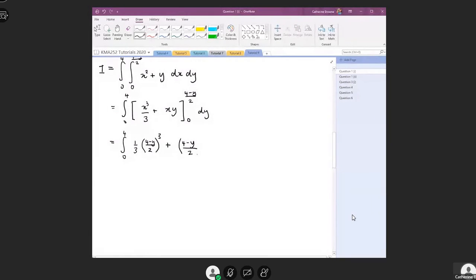Now, again, the easiest way to do this is to expand and simplify. I'm not going to go through the expansion, but I expanded it, I simplified it, and I found that I got 1 on 24 times (64 minus y cubed) dy.